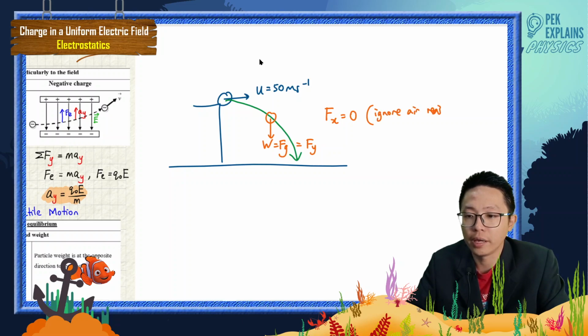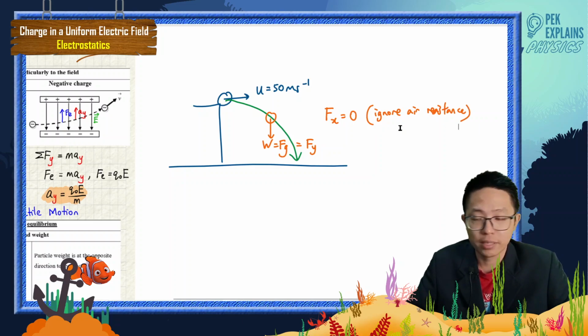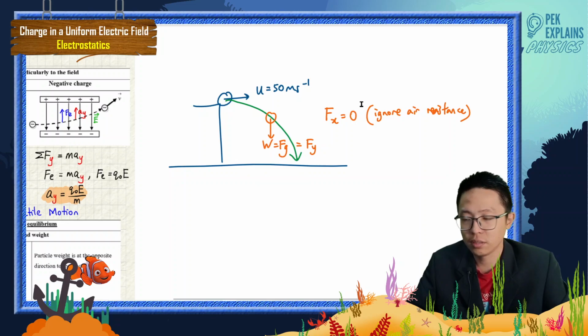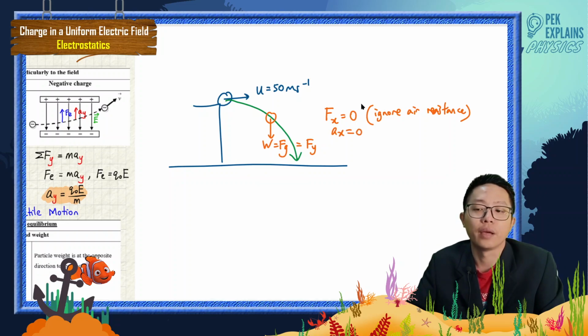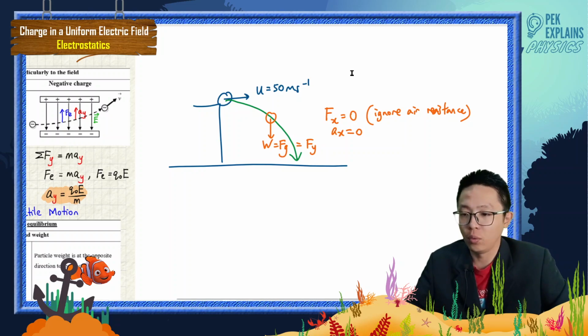If we ignore the air resistance, basically the x component has no force. If no force, ax is 0. But in the y component, Fy equal to Fg.